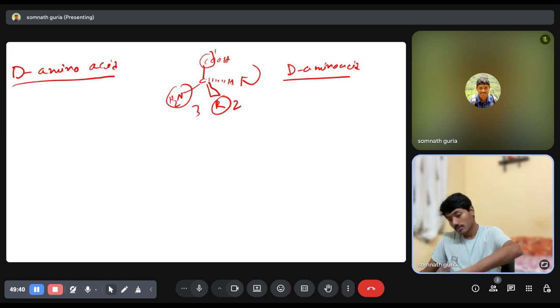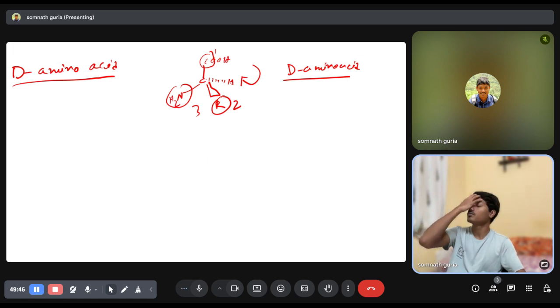So now in our case, we know that in the bacterial cell, the cellular membrane and all those things are actually made of peptides or protein.